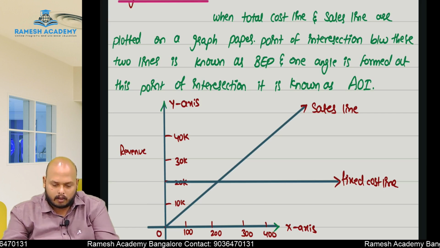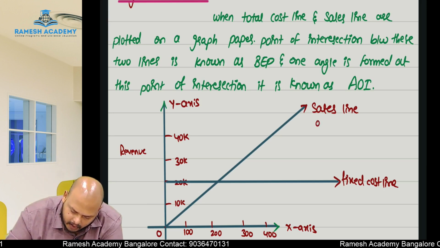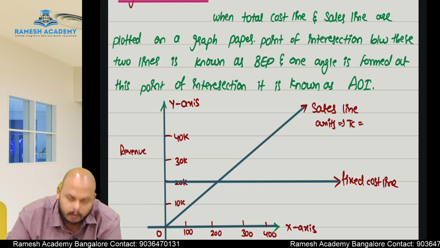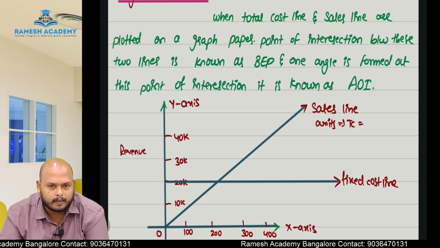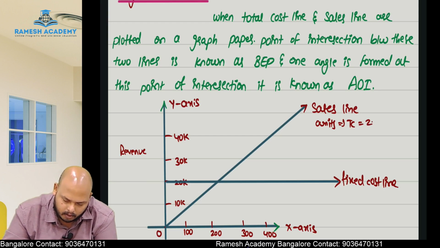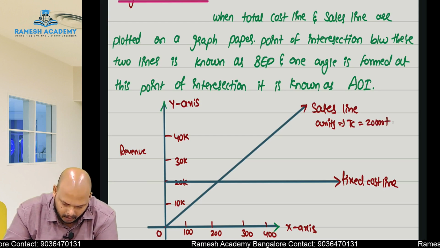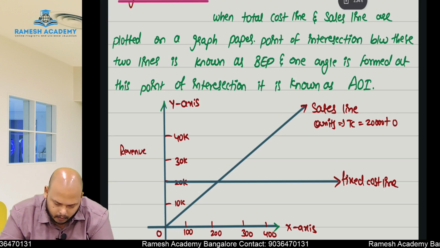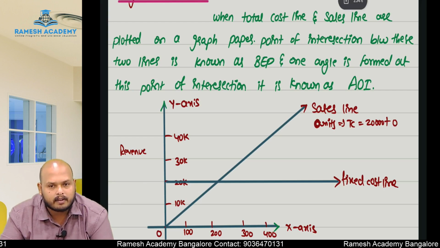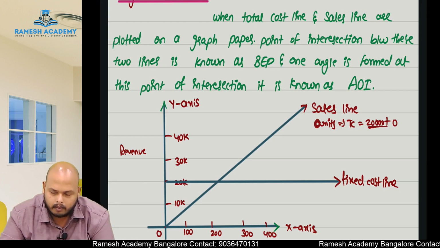See here, when we are selling 0 units, what is our total cost? We know the formula for total cost, right? Total cost is equal to fixed cost plus variable cost. Fixed cost is how much? 20,000 plus 0 units means variable cost is 0. So at 0 units also, what will be our fixed cost? Fixed cost will be 20,000.